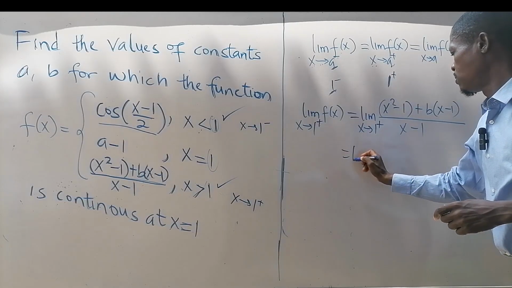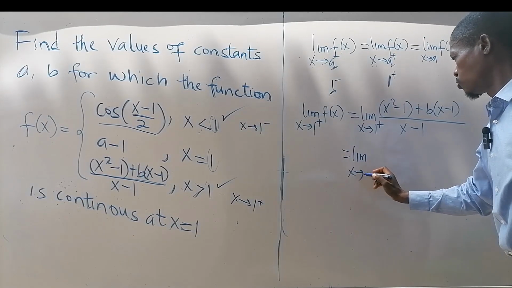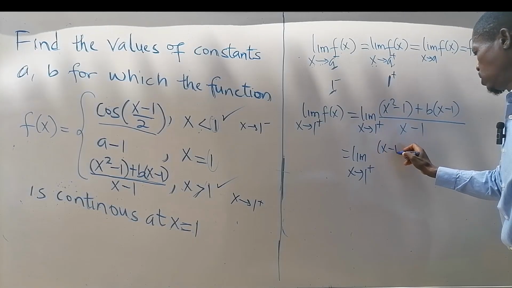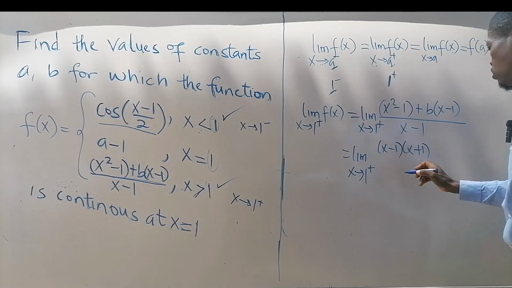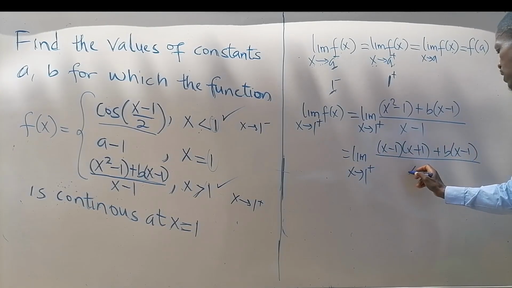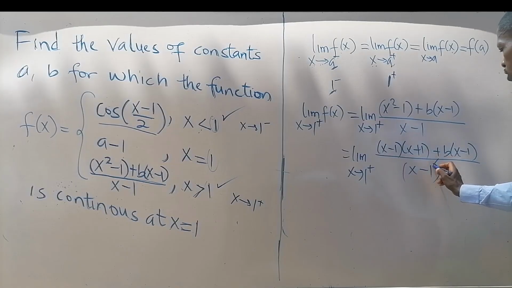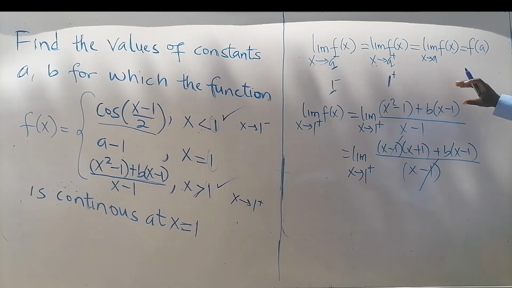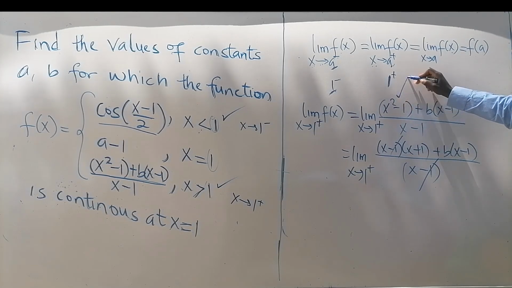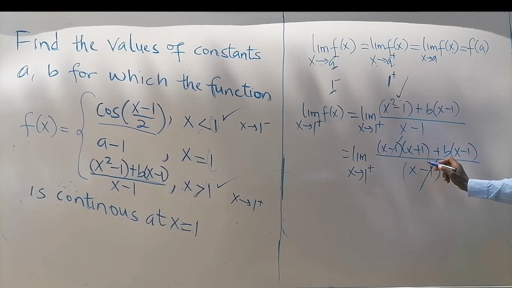We have the limit as x tends to 1 plus of x minus 1 times x plus 1, plus b times x minus 1, all over x minus 1. I try to avoid zeros at the denominator, and that's why I did the algebra. So this one and this one we cancel out.